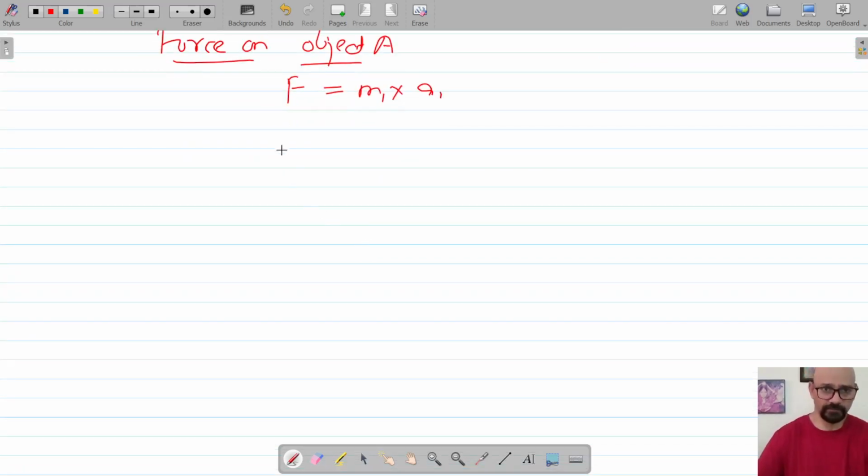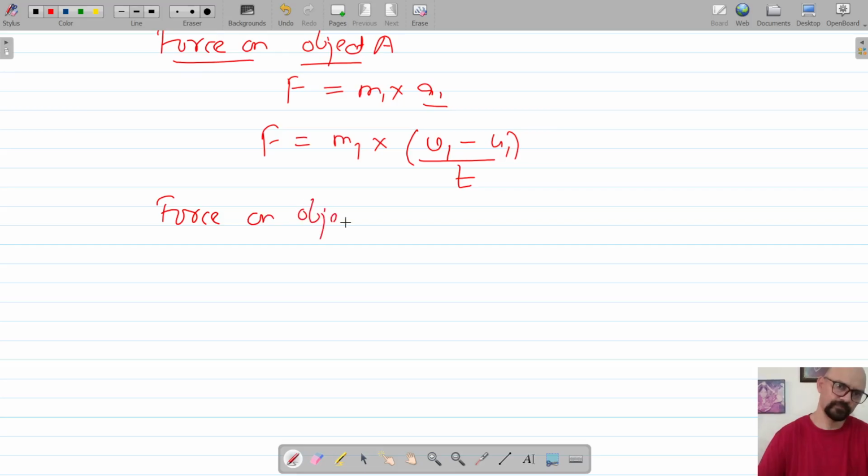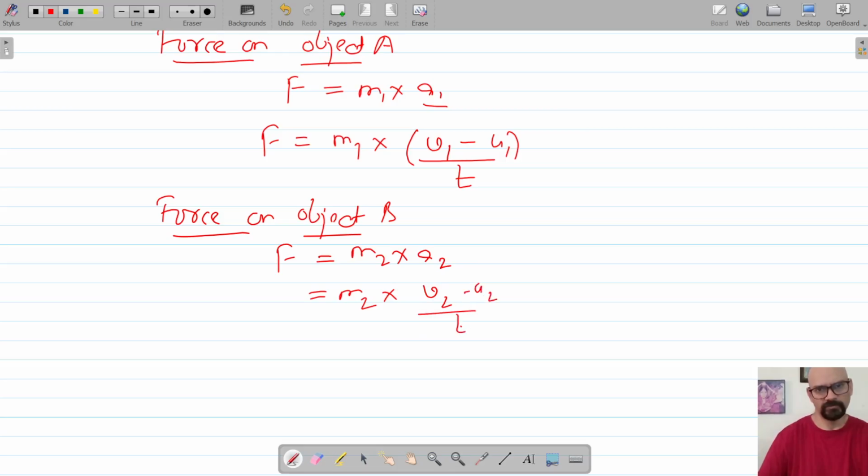Acceleration is the change in velocity over time, so for object A, its final velocity is v1 and initial velocity is u1, divided by t. Now let's calculate the force on object B. F is equal to m2 into a2, which is m2 into v2 minus u2 by t. This is the force on object B.